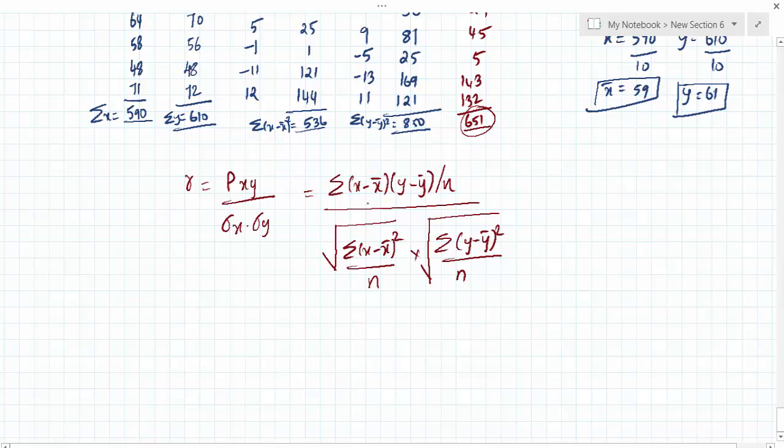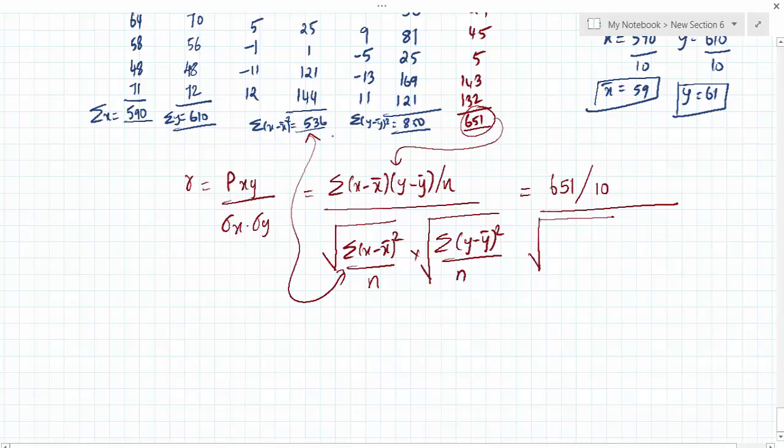So what is the summation of x minus x bar into y minus y bar? We have that, that is 651. So 651 divided by n. What is n here? n is 10. Divided by square root of summation x minus x bar square, we have that, which is 536. 536 divided by 10, into square root of summation y minus y bar square, which is 850. 850 divided by 10.